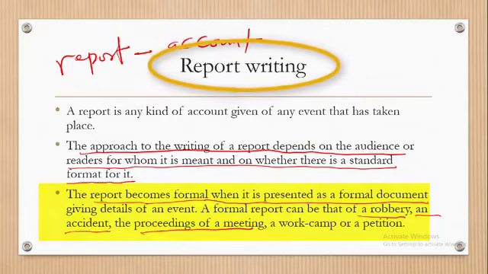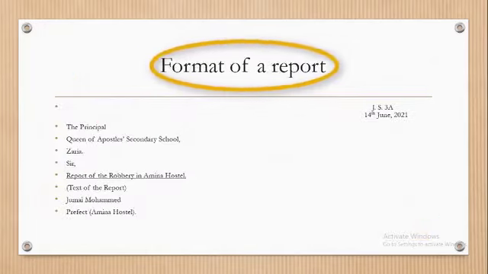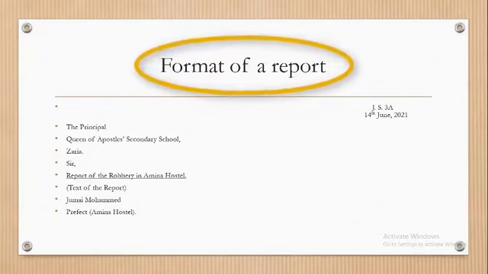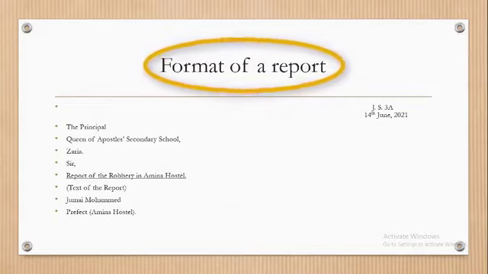Okay, so let's proceed. Now, this is a formal report by JSS 3A students of a school in Banjul, dated 14th June 2021, and it was addressed to the principal of the school, the Principal, Queen of Apostles Secondary School, Zaria, Banjul.